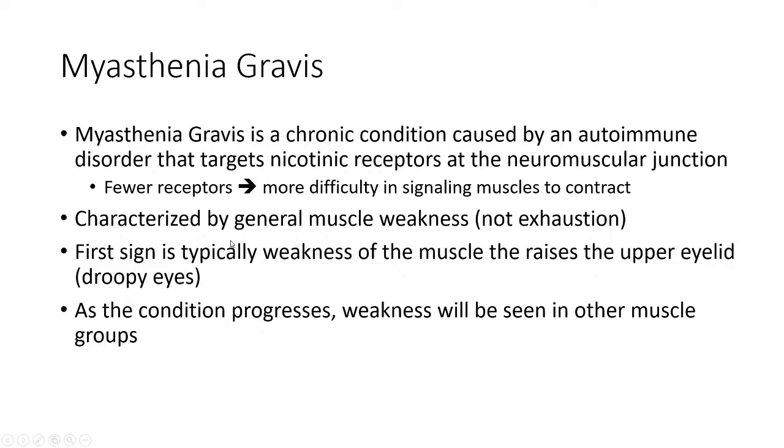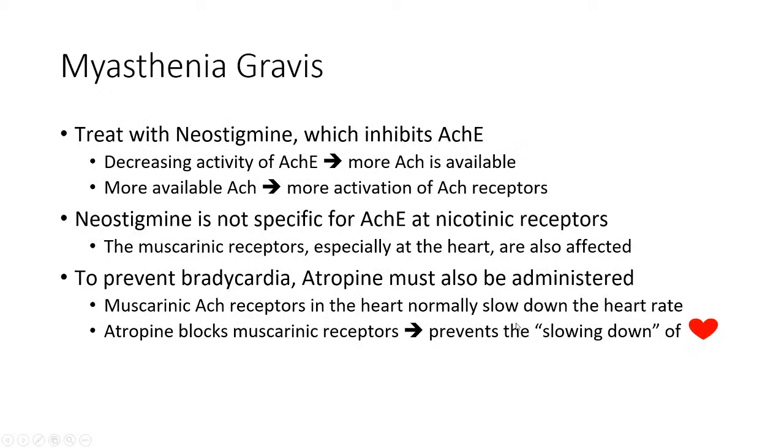The first sign is typically weakness of the muscles that raise the upper eyelid, the levator palpebrae superioris muscle. As the condition progresses, though, weakness will be seen in other muscle groups, possibly leading to respiratory failure. In the end, it can be fatal.